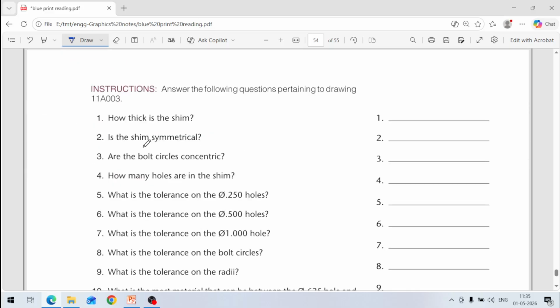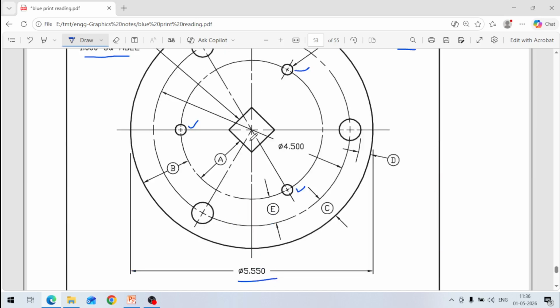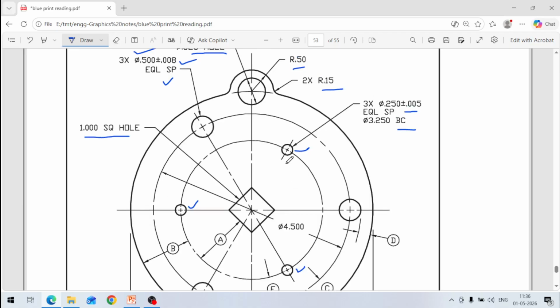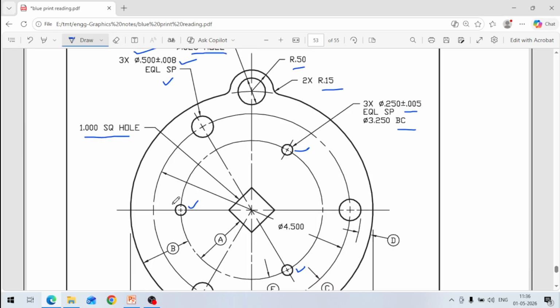Then the next question is: is the SHIM symmetrical? Symmetrical means all the dimensions about the vertical line or horizontal line are symmetrical. If you see, this is your vertical line, so it is not symmetrical because this hole is at 30 degrees from the vertical line, and in this direction at 30 degrees there is no hole of this shape.